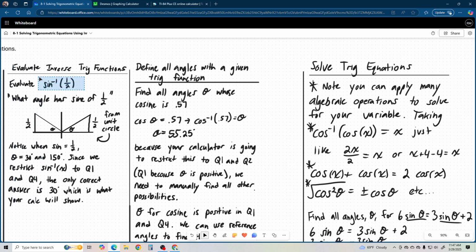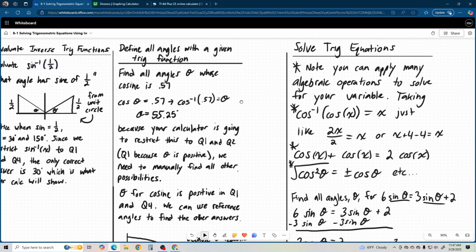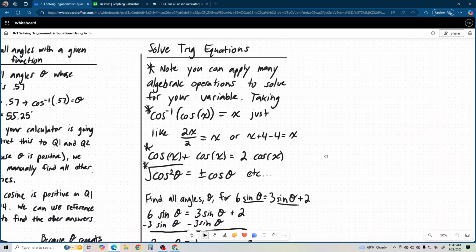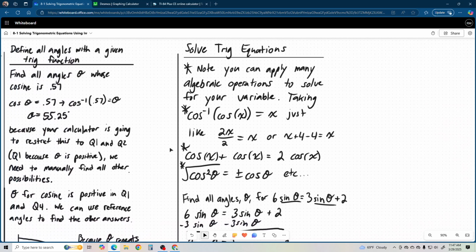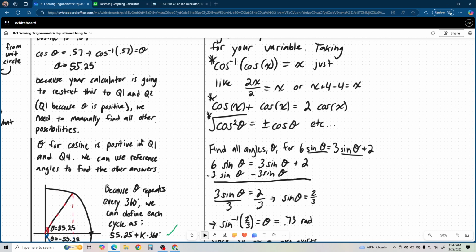So I don't want you to think that every time you type this into your calculator, you have to worry that there's a bunch more answers that you could find. Because in theory there is, but you're probably not going to need them for the problem. But if you did, this is how you would find all the possible angles for a certain looking angle here.